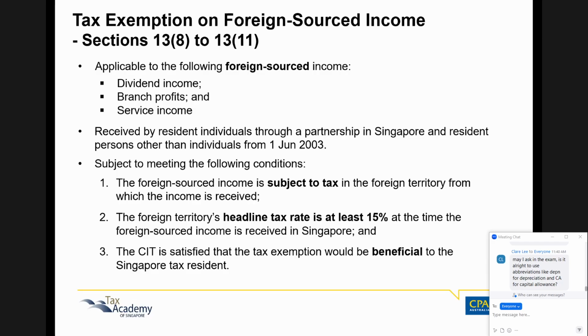Tax exemption, Shani, can I just ask, in the exam, is it okay if like depreciation we put like DEPN and then capital allowance we just put CA, and then like fixed D we just write FD? Are those abbreviations okay? Okay, generally okay. But I also ask you, now with the internet you all have a lot of abbreviations. Cannot be too, not the tax type one, then I don't know what you're writing.